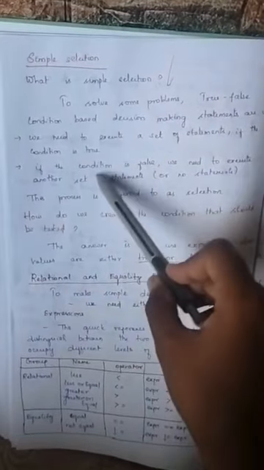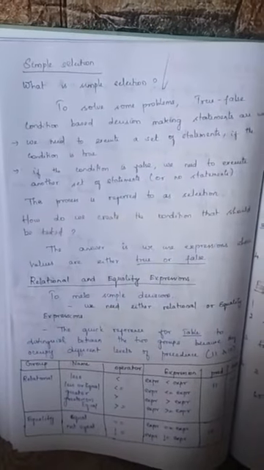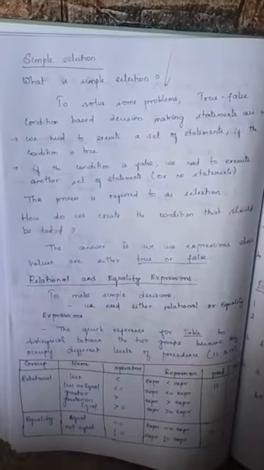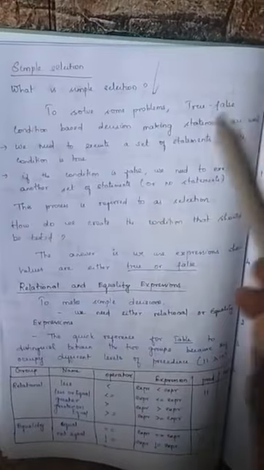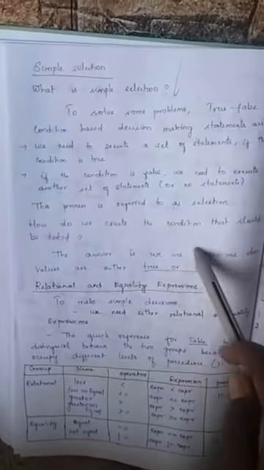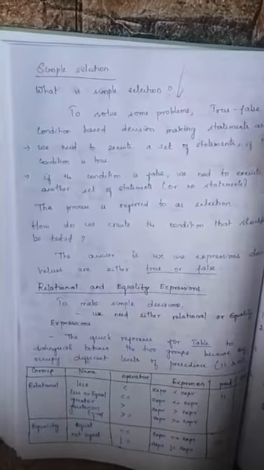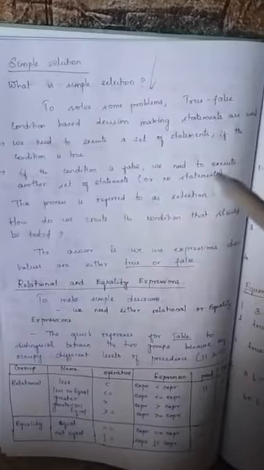We need to execute a set of statements if the condition is true. If the condition is false, we need to execute another set of statements or no statements. This process is referred to as a selection. How do we create the condition that should be tested?